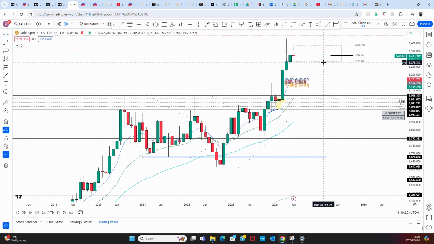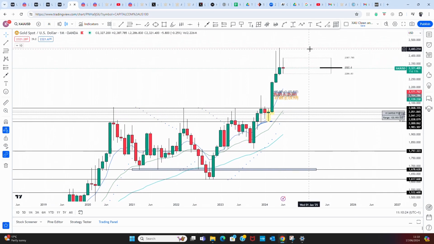This is 2278, and what is 2443, 2451, 2278. 2278 sell side liquidity at 2451 buy side liquidity. So those are key levels I need to mark.